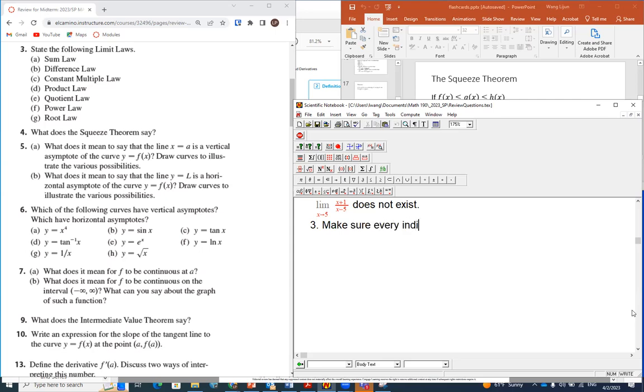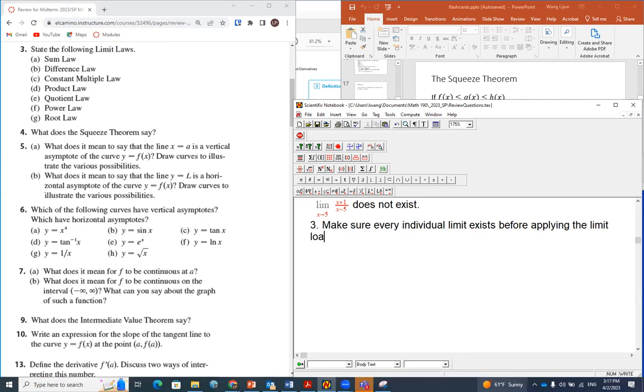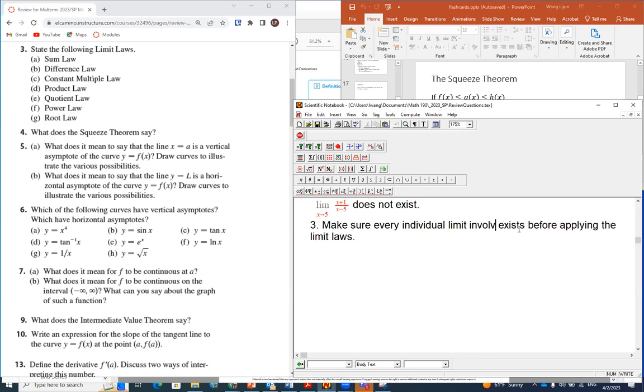Make sure every individual limit involved exists before applying the limit laws. All right. Number 4, squeeze theorem.